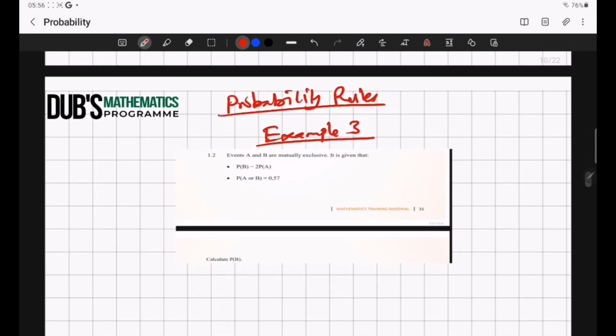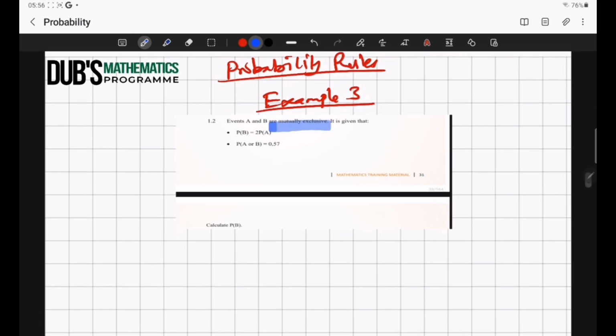Next example, example 3. They say events A and B are mutually exclusive. Underline that, mutually exclusive. Think about the condition for mutually exclusive. We're given the probability of A or B is equal to 0.57, and we need to find the probability of B. So our first step is always to write the condition for mutually exclusive events, because we are given that these two events are mutually exclusive.